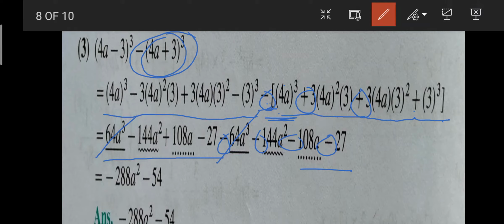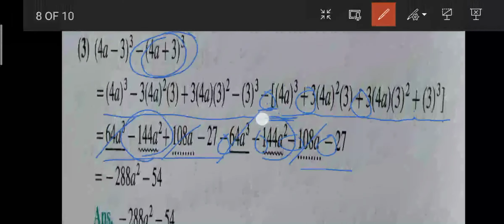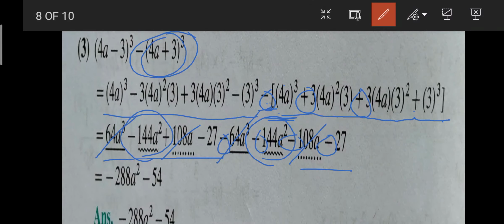Now we have plus 108a and minus 108a, that is getting cancelled. So what is left now? What is left here is minus 144a square and minus 144a square. So minus and minus, that gives us plus.